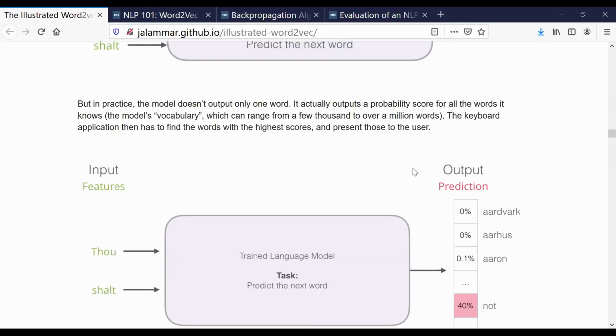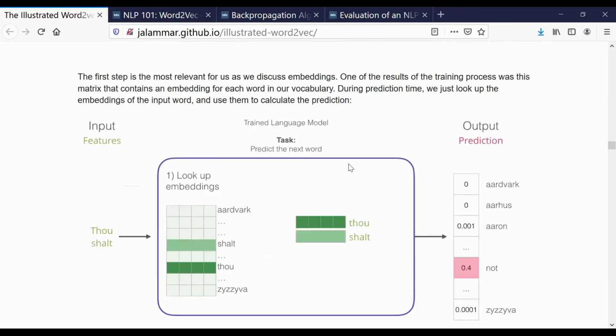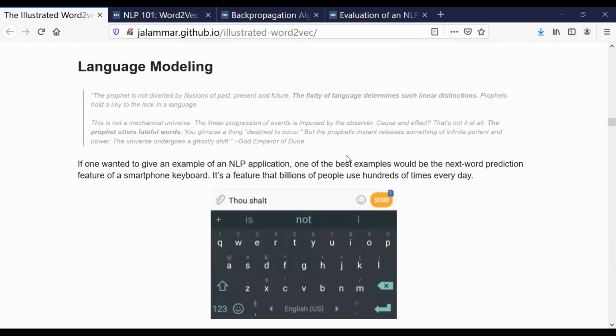Each book contains 500 pages. Each page contains, I don't know, 20, 30 sentences. And you treat this as training samples. The way the training sample works is like this. Let's go to the graphic. Again, I like the graphic here.